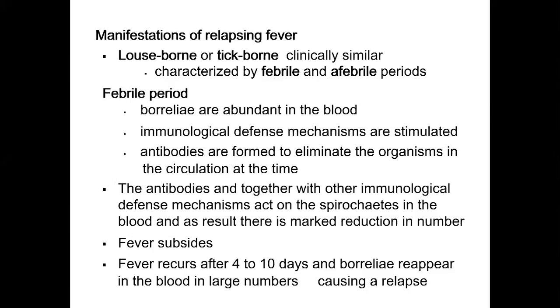The immunological defense mechanisms are stimulated, the antigens on them are detected, and antibodies are formed to eliminate the organisms in the circulation at that time. Once formed, the antibodies are released, and together with other immunological defense mechanisms, they act to eradicate the spirochetes in the blood. As a result, there is marked reduction in number.